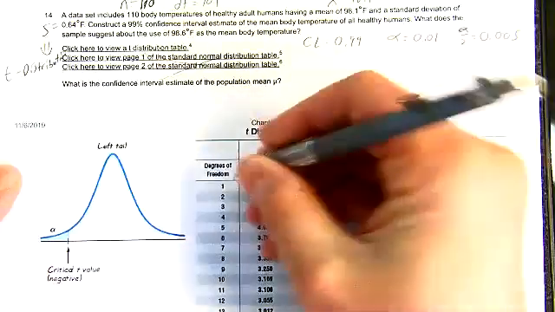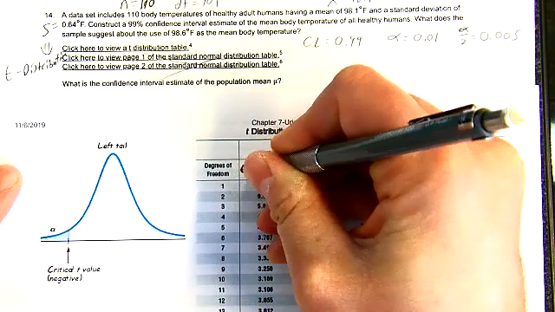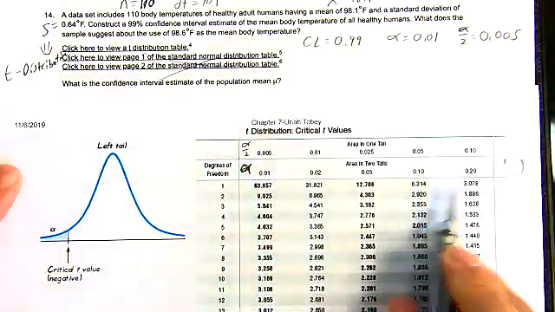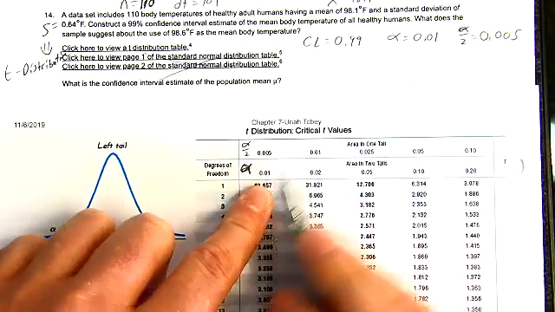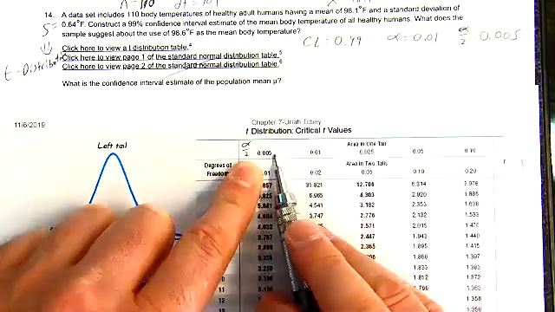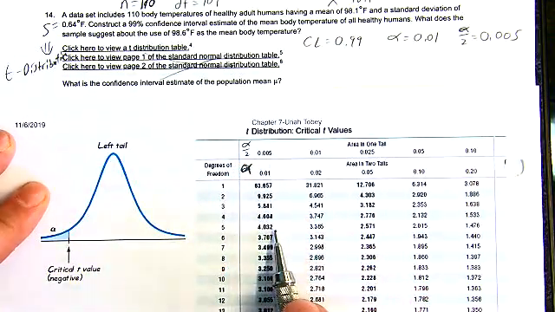Again, these numbers here are alpha values, and these numbers above them are alpha over 2 values. So we're looking for the 0.01, which is right here, and alpha over 2 of 0.005, which is right above it. So this first column is the one we want.